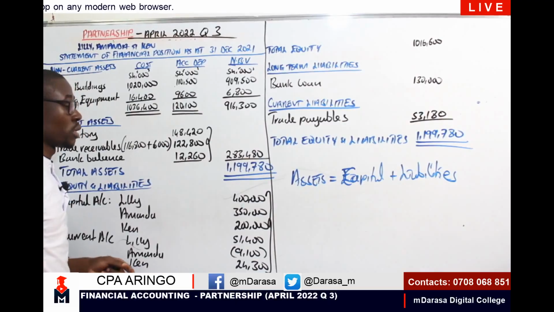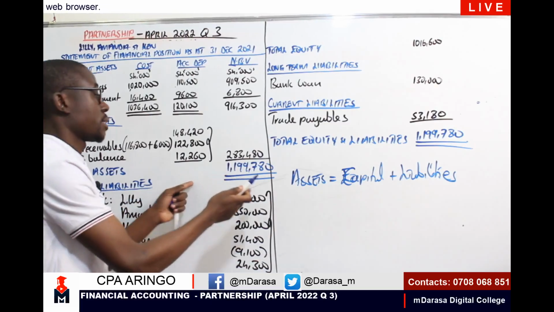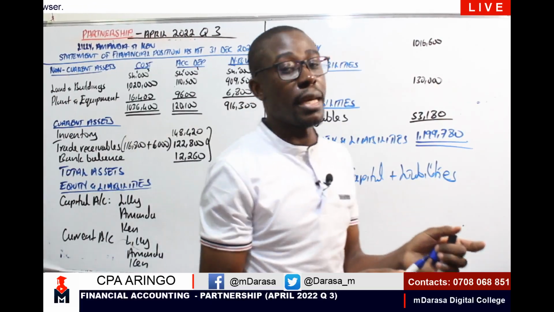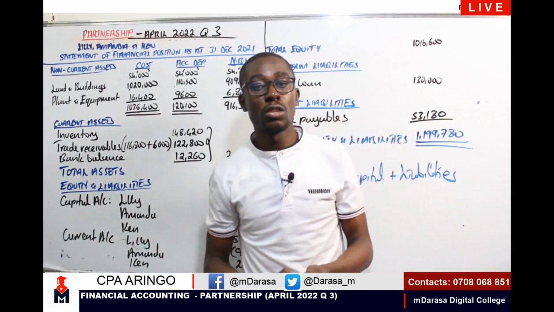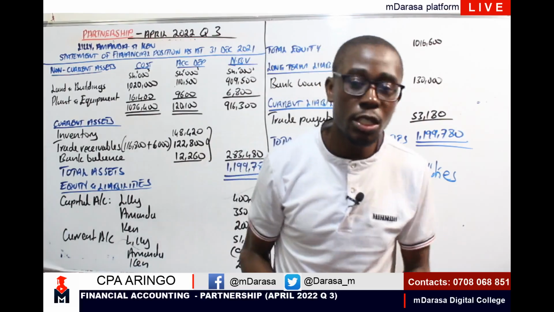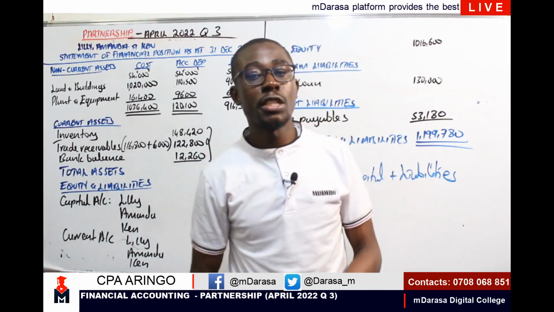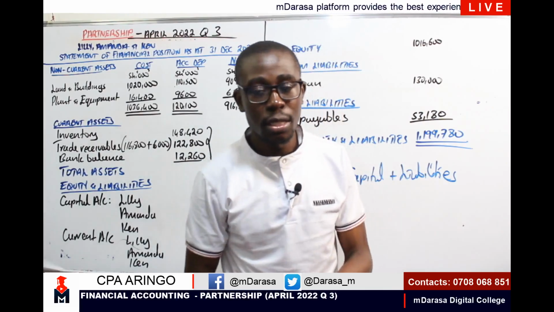And that is what we are seeing here. Our total assets equal our total equity and liabilities. So my good students, that is what you are required to do in this question. This was a partnership without admission, without retirement.